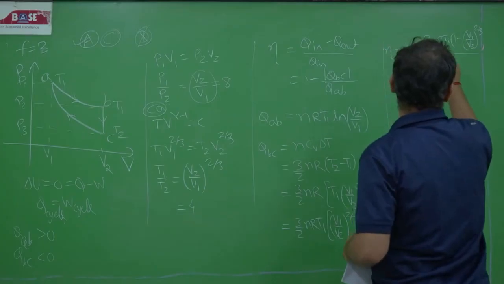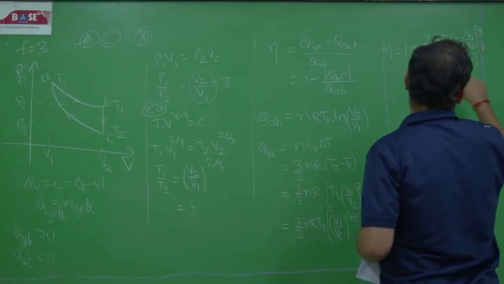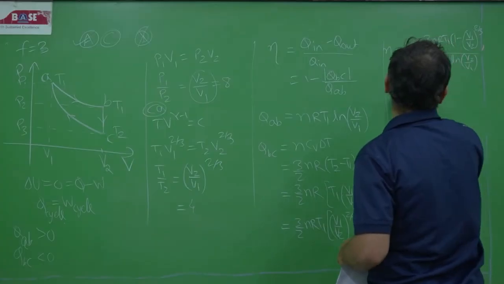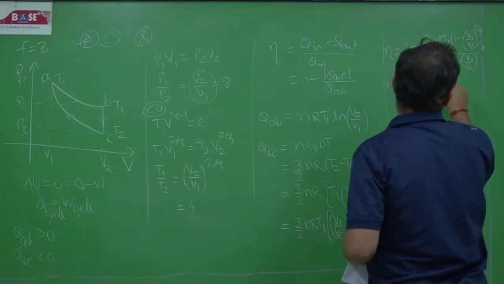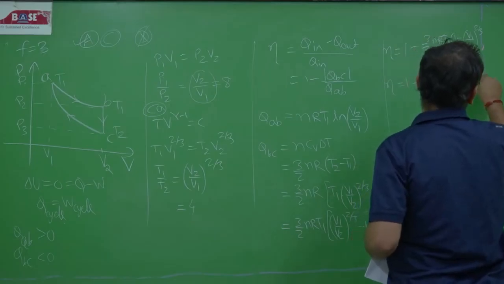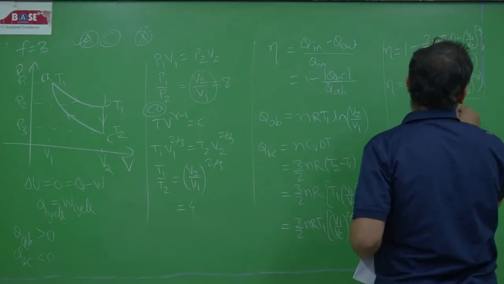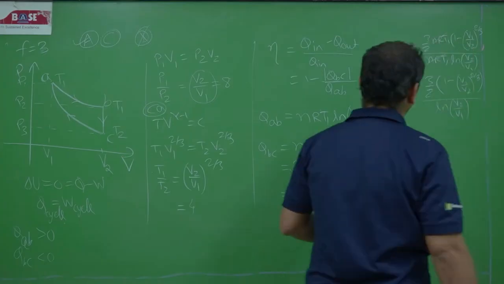QAB is nRT1 ln V2 by V1. So nRT1 cancels. Eta equals 1 minus 3 by 2, 1 minus V1 by V2 to the power 2 by 3, all that divided by ln of V2 by V1.